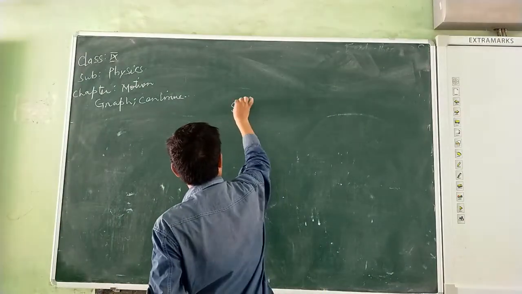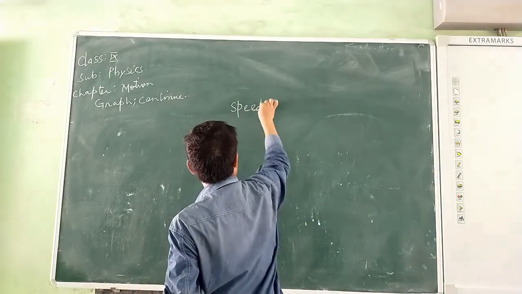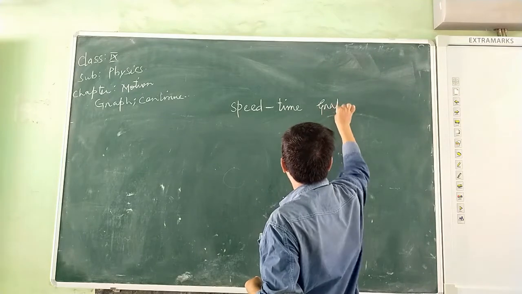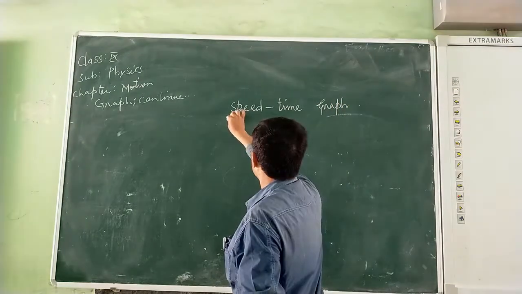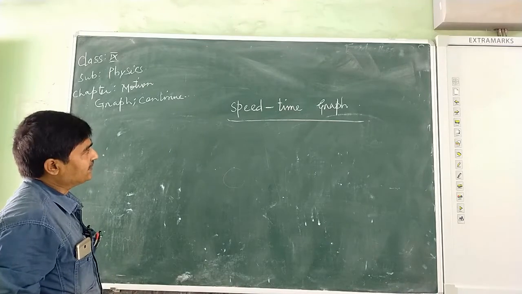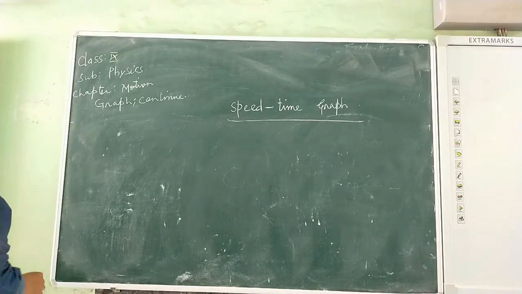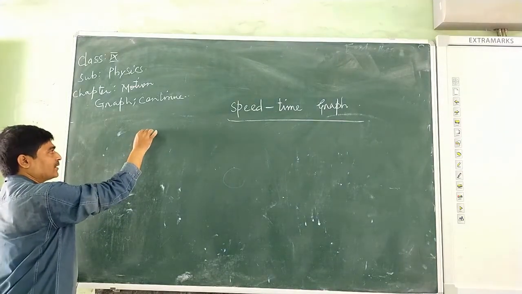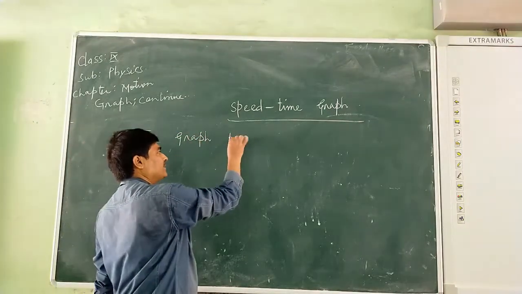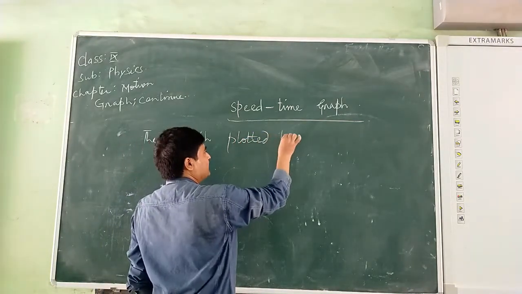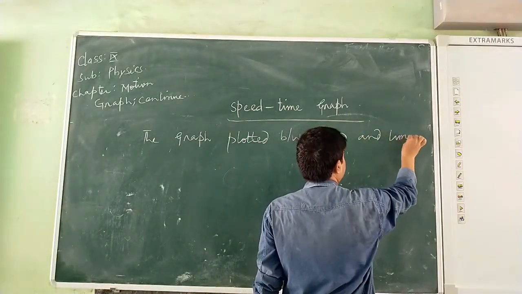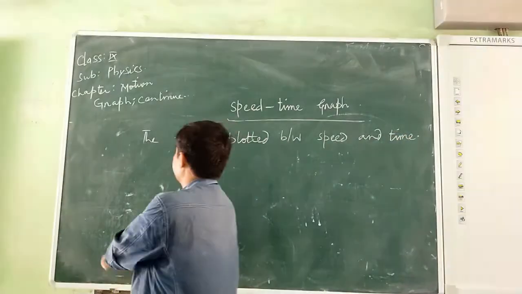As we know, speed and velocity are graphically and mathematically the same, so we call either of the two a speed time graph or velocity time graph.